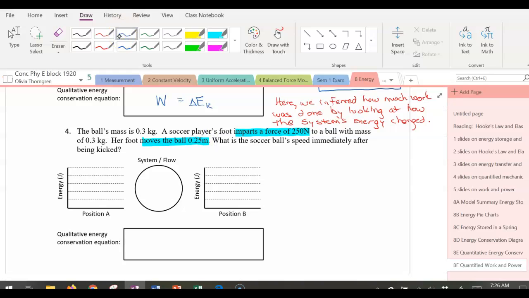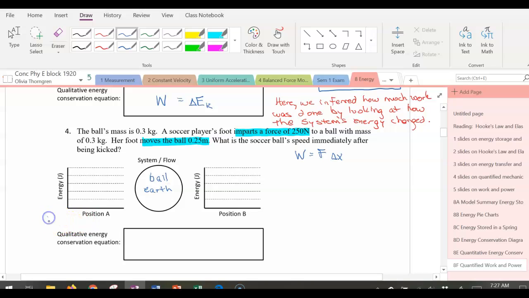So they're telling us both a force and a displacement. And here we might be able to use our formula, which says that work equals the force times the displacement. But let's keep going. And here we want to find the soccer ball's speed immediately after it's kicked. And so we're going to take the system to be the ball and the earth, which is very similar to the system that we had in number 3.